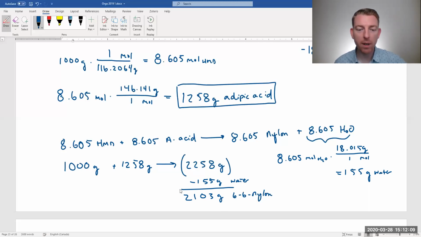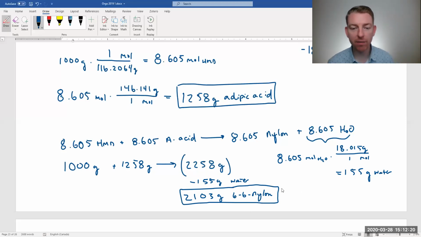Okay, and if you're not convinced, do it the other ways. Look for the molar mass of the repeating unit. It should come out the same. Any way you want to tackle this is going to be fine. Don't forget, we could also ask the inverse question. We could say, if I want to make this much nylon, how much of the starting materials am I going to need?